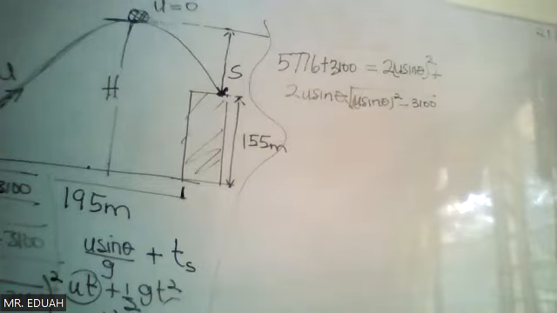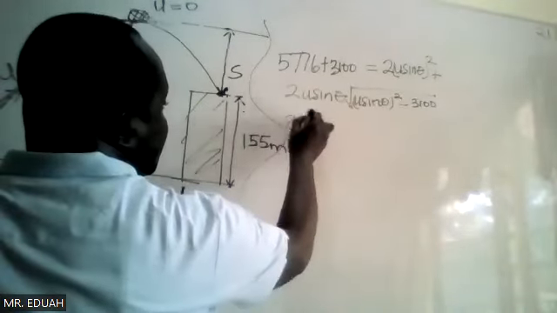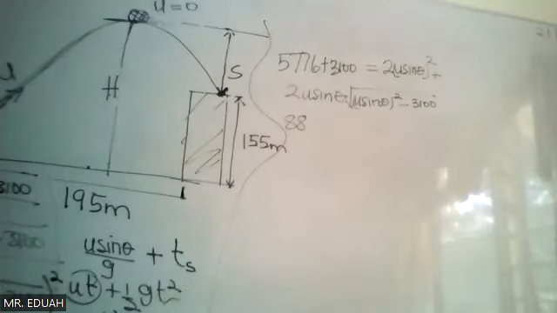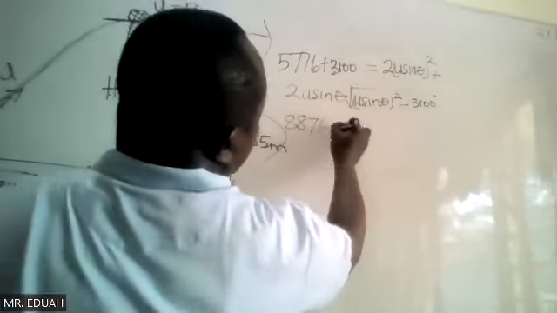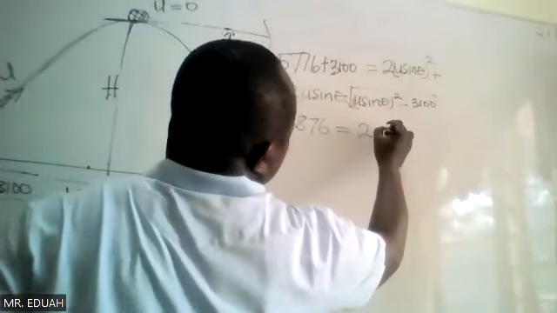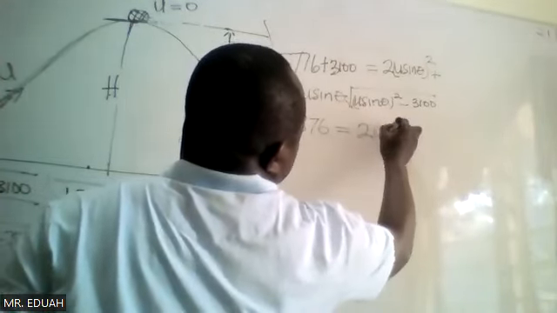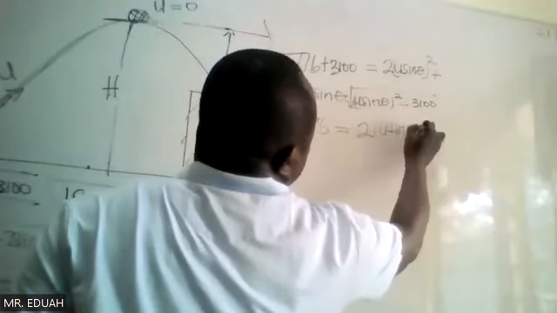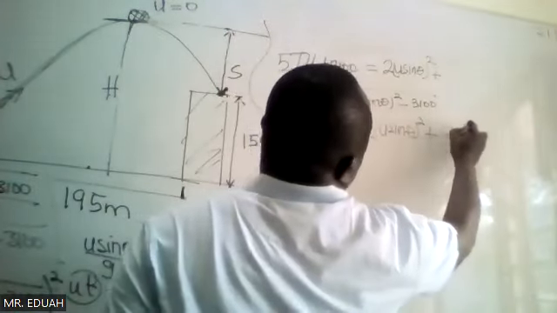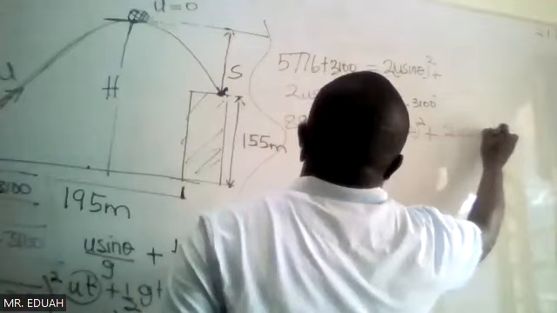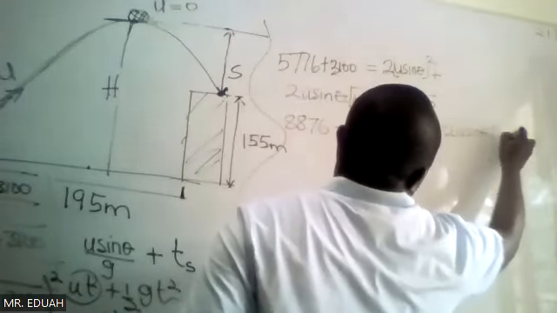That is 8,876, is equal to 2 u sine theta all squared plus 2 u sine theta times u.